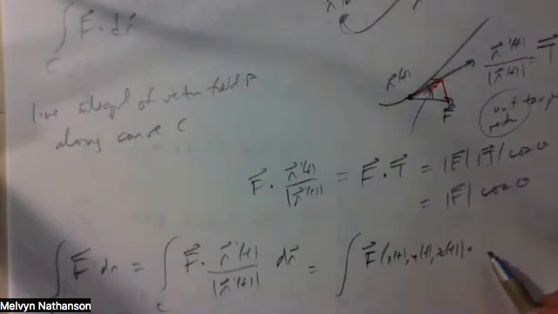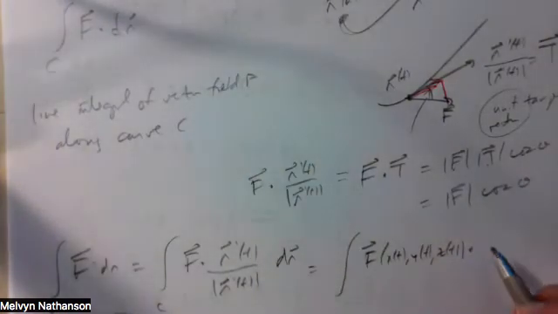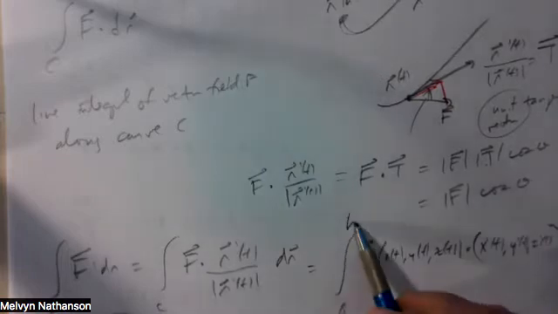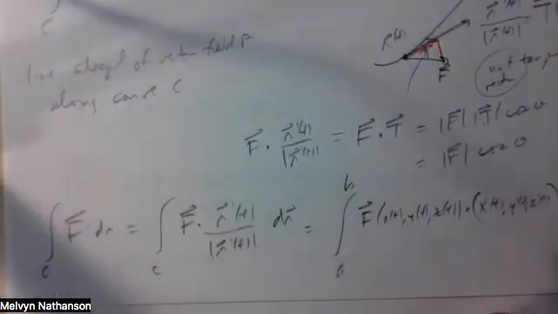These are the points on the curve. Dot product with r prime of t, x prime of t, y prime of t, z prime of t, dt from a to b. That is the formal way we calculate a line integral.